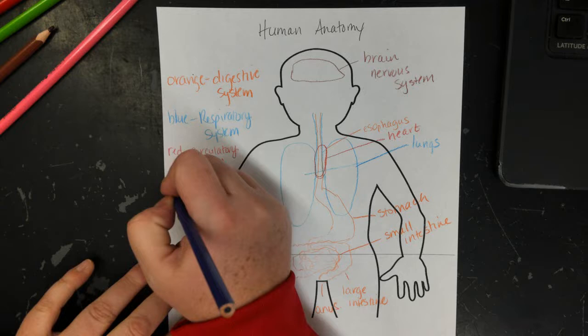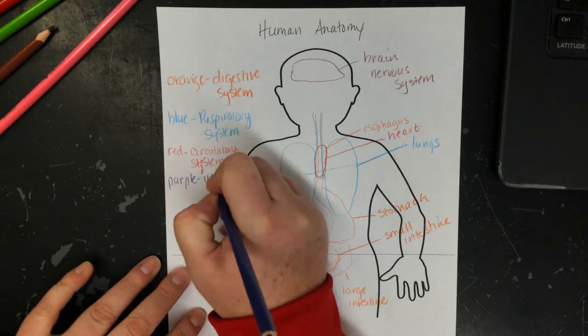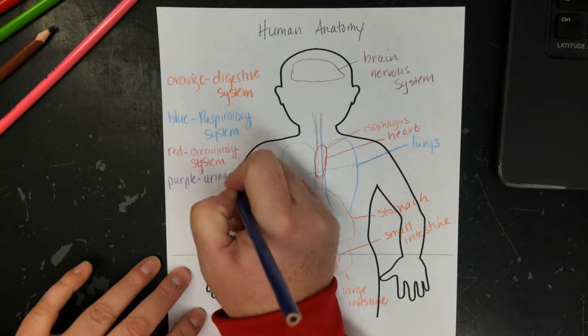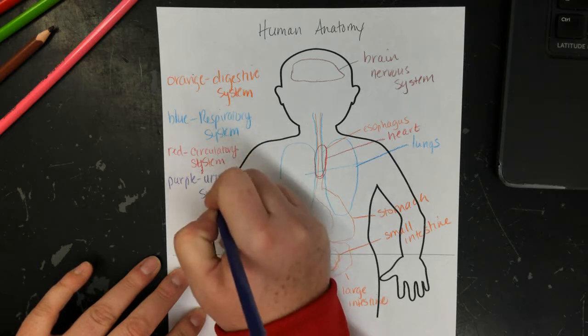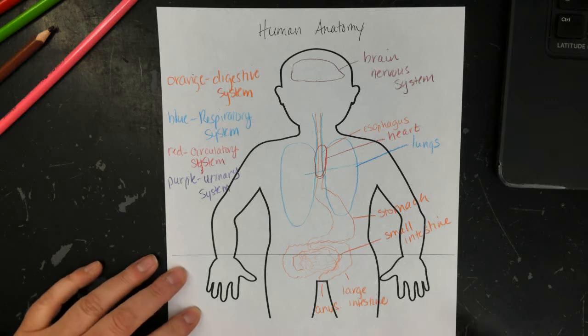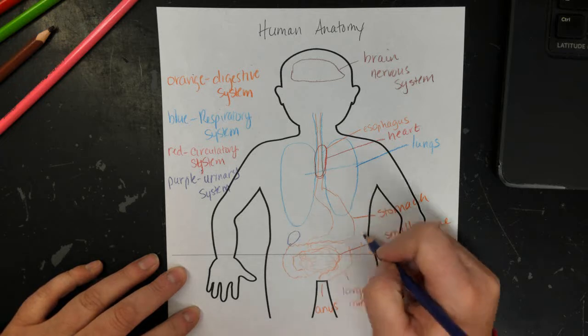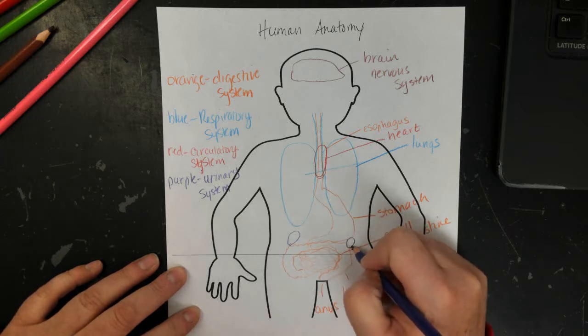I'll do purple. And your urinary system consists of your kidneys, which are more towards the back, but we'll put them here. Put them right here.